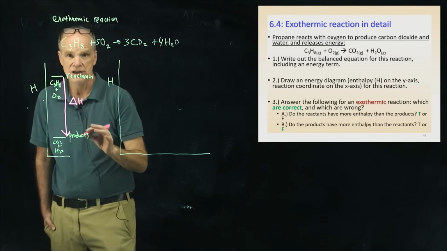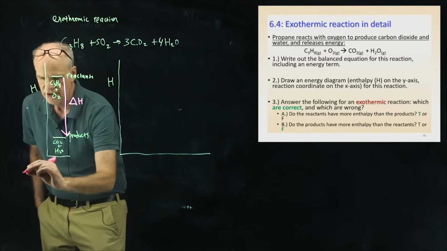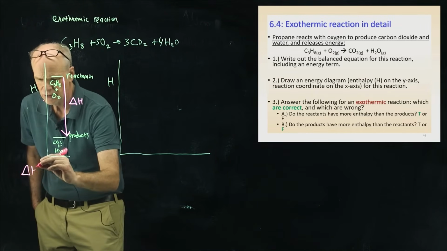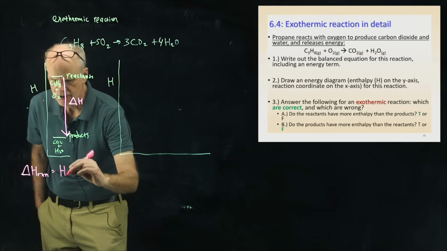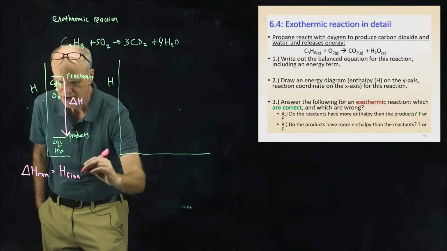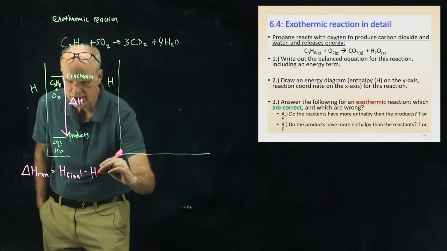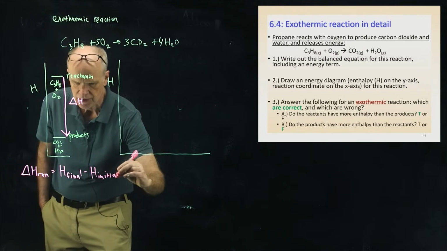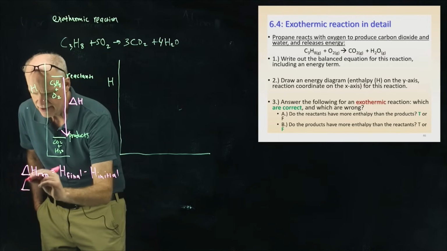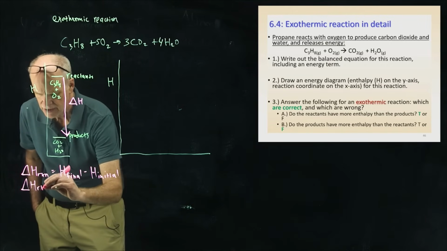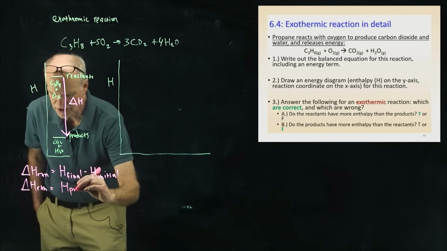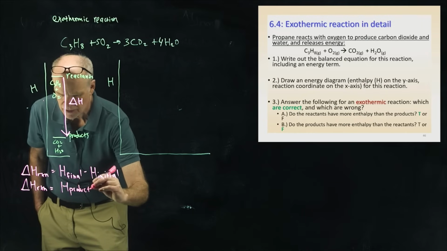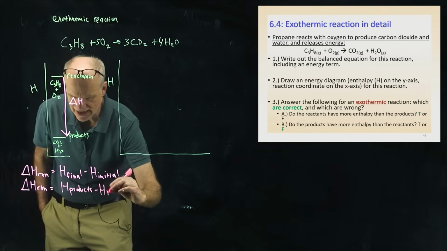And so we can write this out a little bit more: the change of enthalpy of the reaction will be the enthalpy of the final minus the enthalpy of the initial. And so another way you can write that is like this. The final, again, is just products, so it's going to be the enthalpy of the products minus the enthalpy of the reactants.